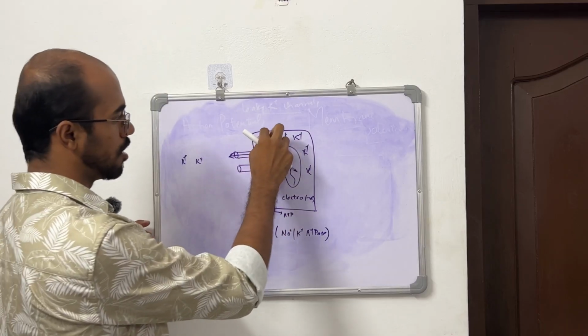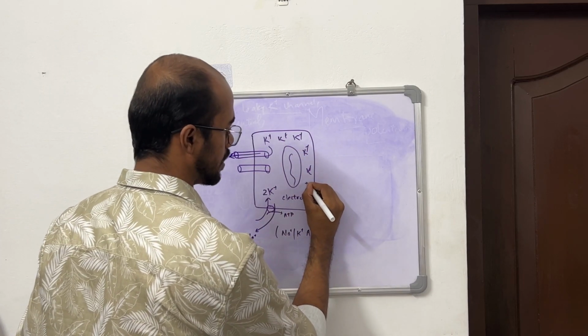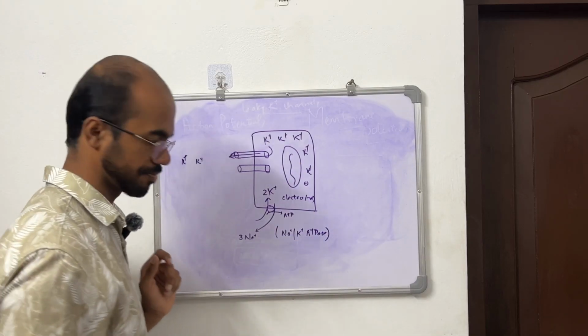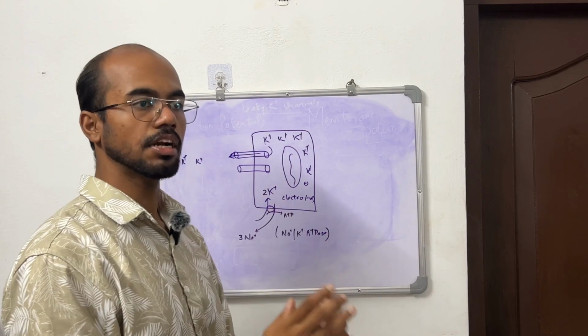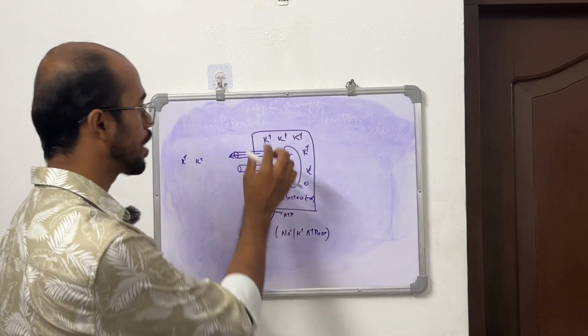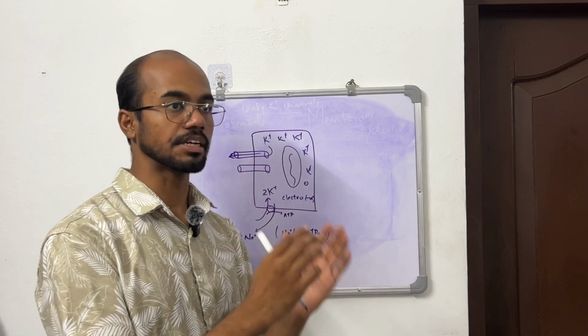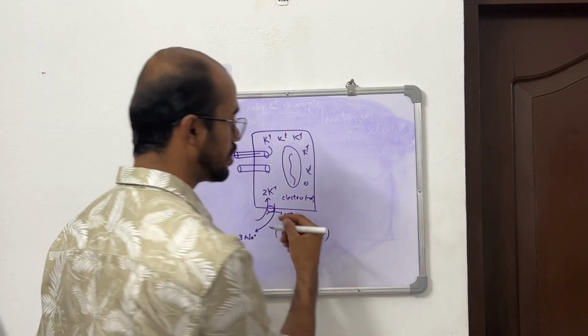And now see, for one potassium lost, there is one negativity present. That means inside the cell everything is electrically neutral. So for every potassium present inside the cell, there is an anion. Anion means negatively charged particle.